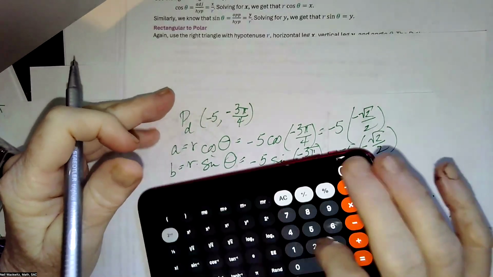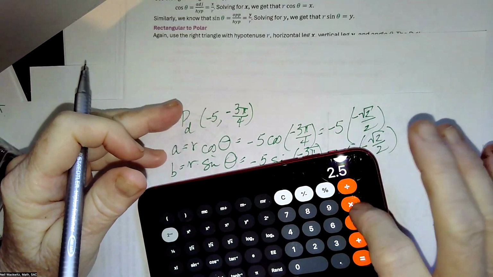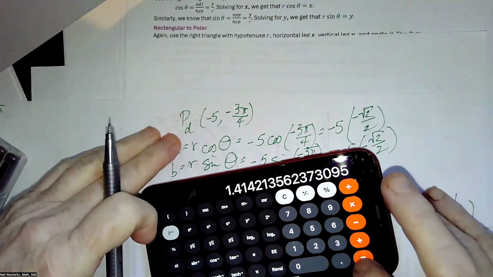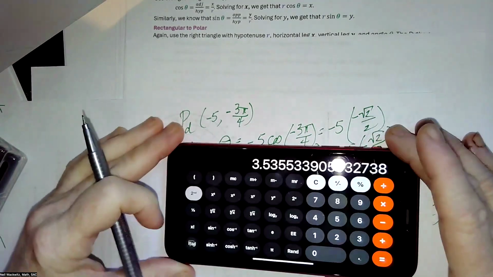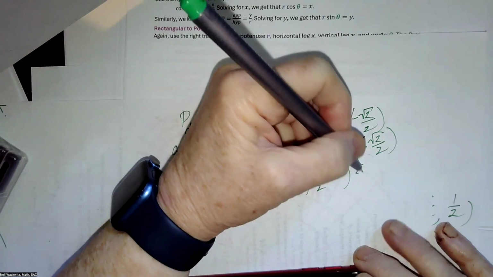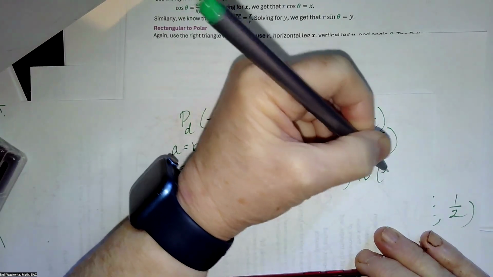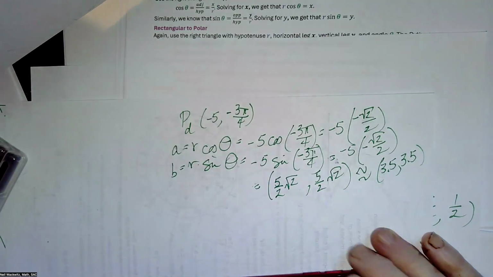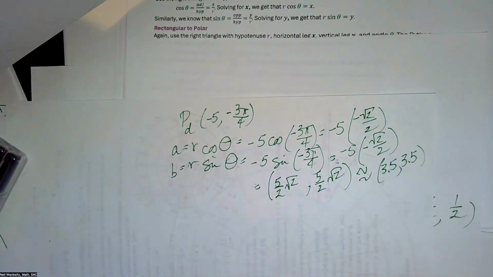So I have 2.5 times square root of 2, which is 3.5. And let's look at that one.